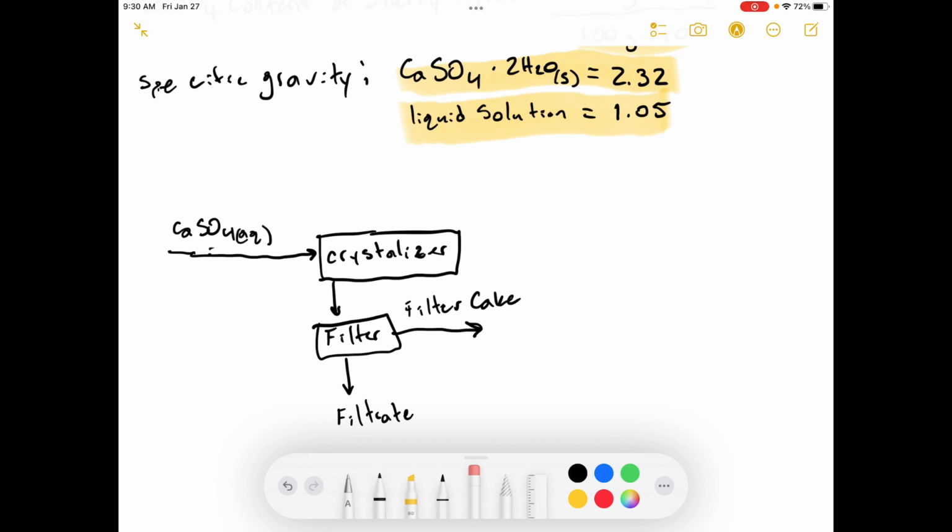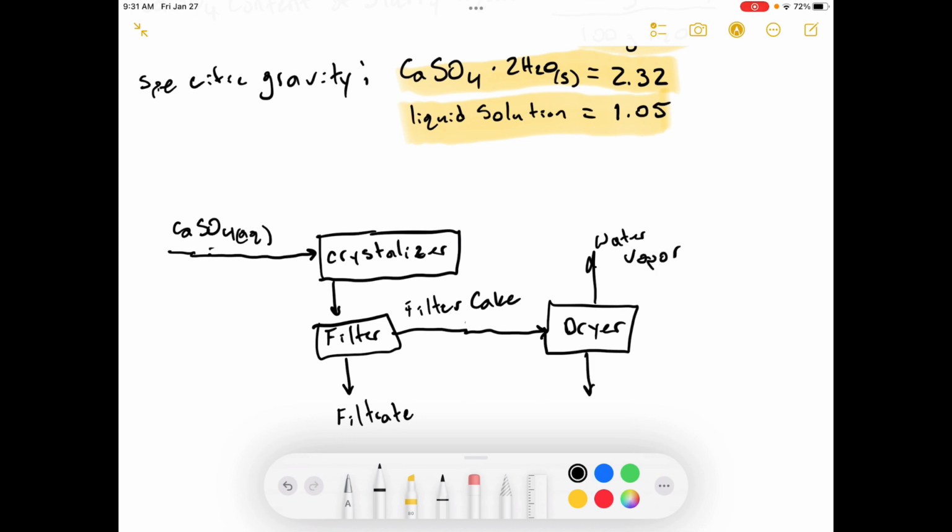Then the filter cake goes into a dryer. Water vapor comes off, and solid calcium sulfate comes out.